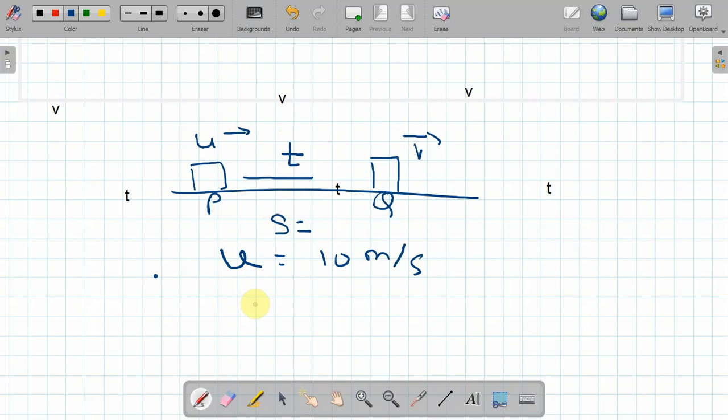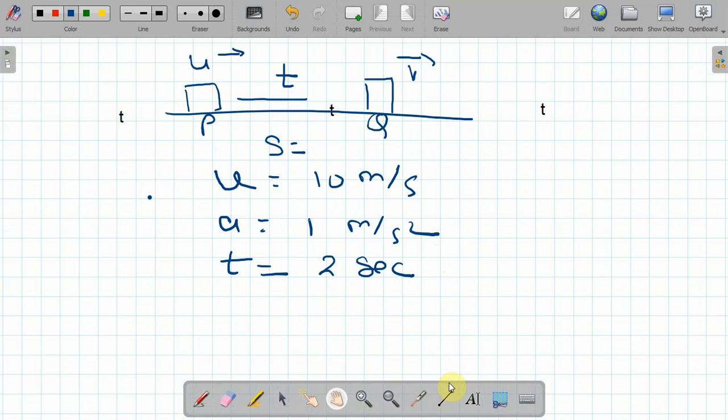In the numerical, suppose the initial velocity is 10 meter per second, the acceleration is 1 meter per second square, and the particle takes time t equal to 2 seconds to reach the final position as shown here. What will be the final velocity of the particle?